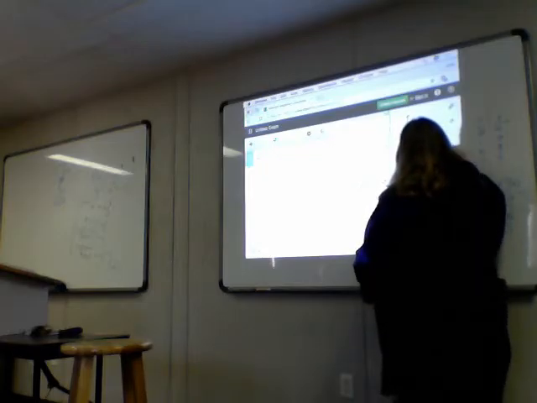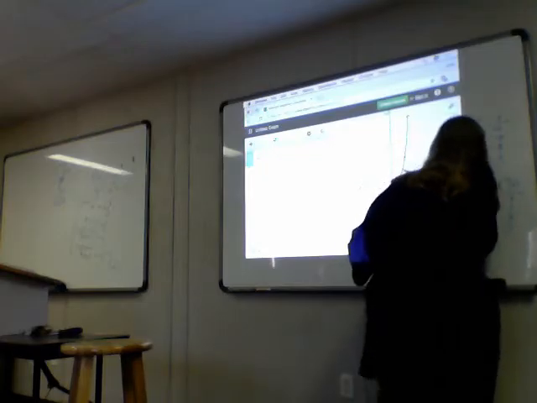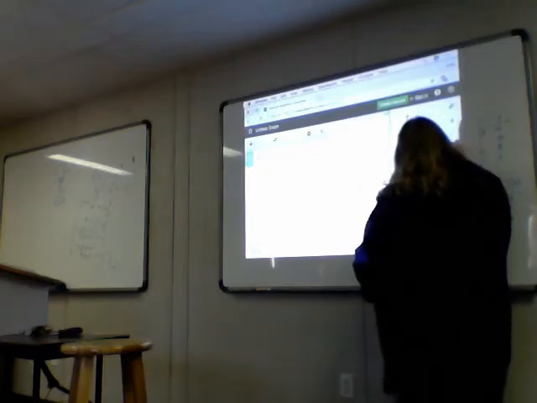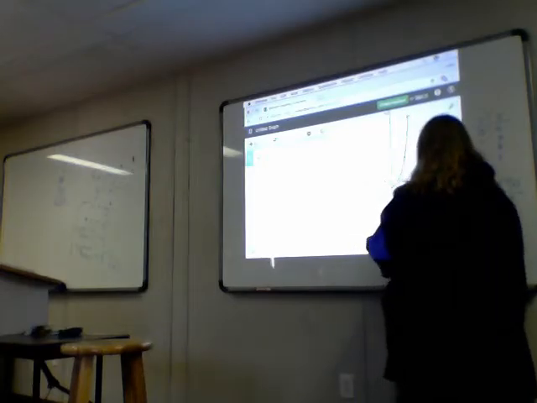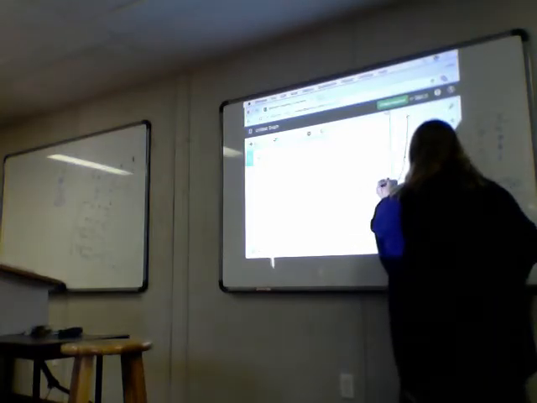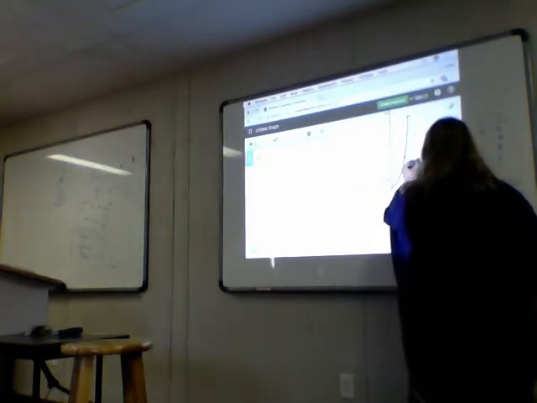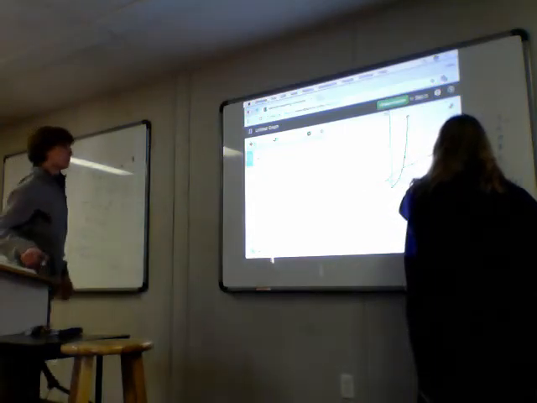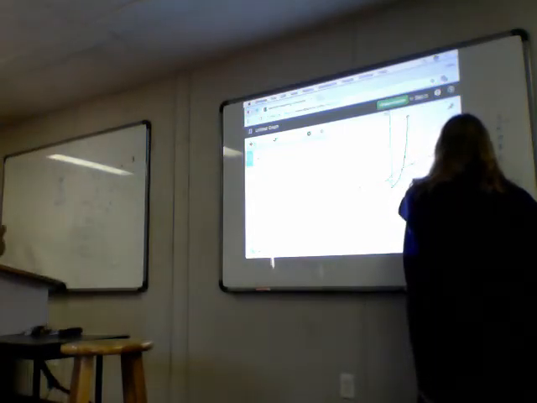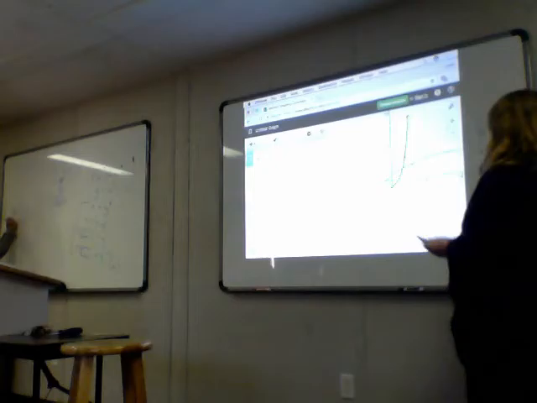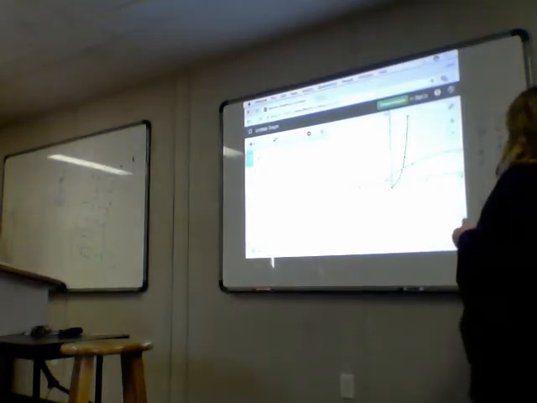Including negative 1 to positive infinity. Good. So can you jump up and over on this left board, and write the domain and range of that original black function? This is for the original one.